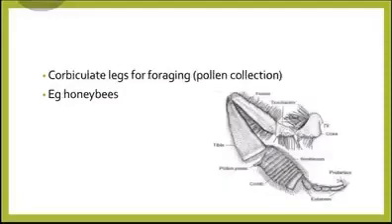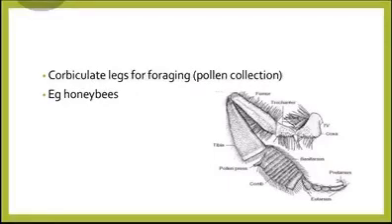Last is the corbiculate type of leg, which is used for foraging. Foraging means collection of pollen. You can see this in honeybees as well as bumblebees, etc. Here in the honeybees, the foreleg has a spur and it is used for cleaning the antenna.